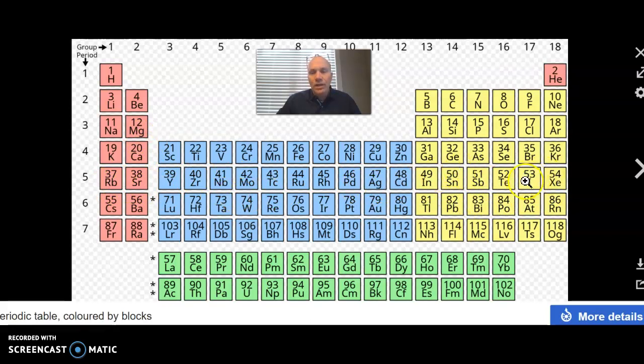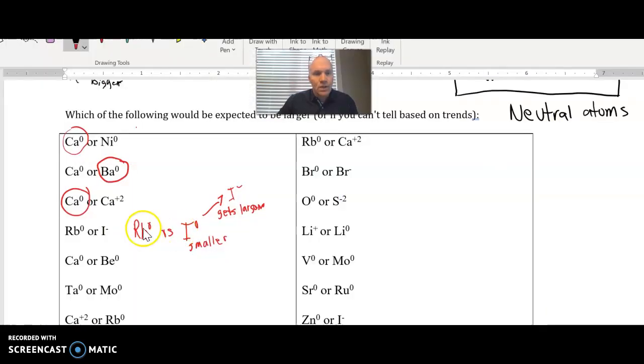So iodine right here would be the smaller of those. If we compare head-to-head between the neutral atoms, the iodine would be the smaller. But when we go from the neutral iodine to the negatively charged iodine, that would be a trend that makes that atom larger.